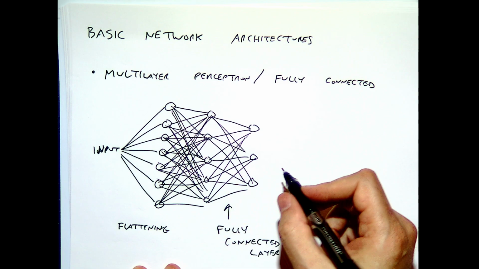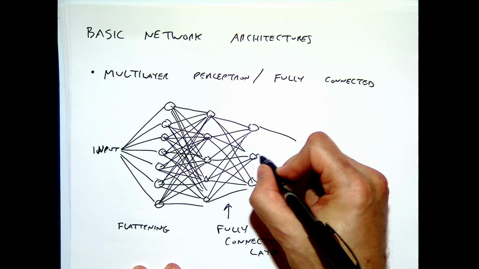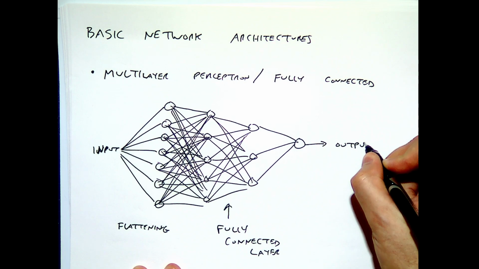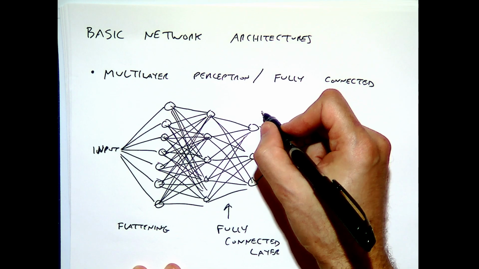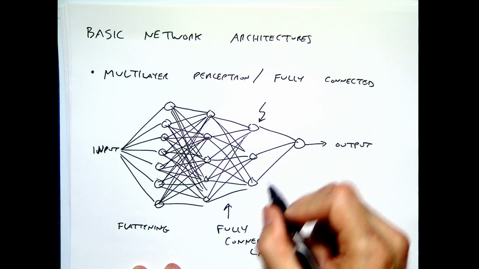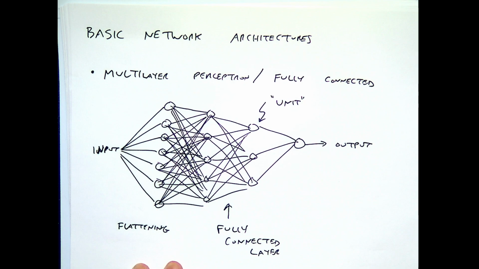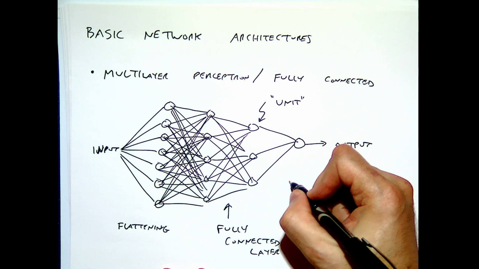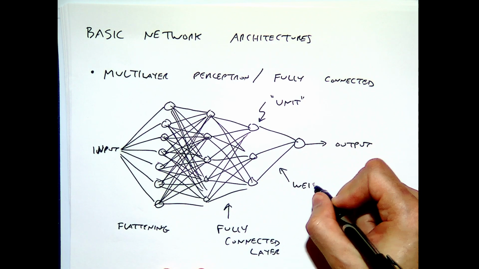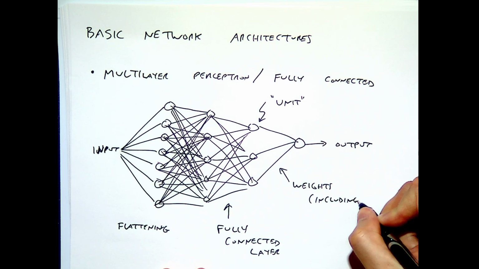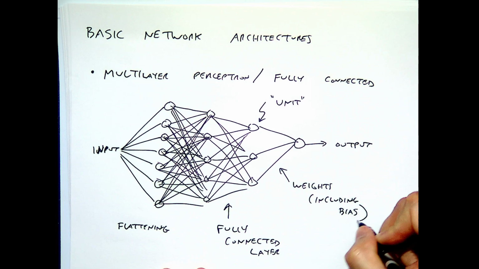And then eventually, I have to get this down to one numerical output. Each of these neurons you'll sometimes hear called a unit. And then all these things are weights, including the bias kind of implicitly.